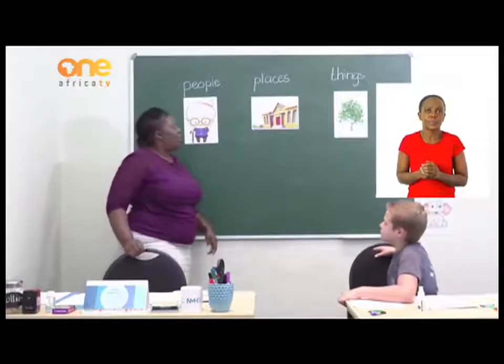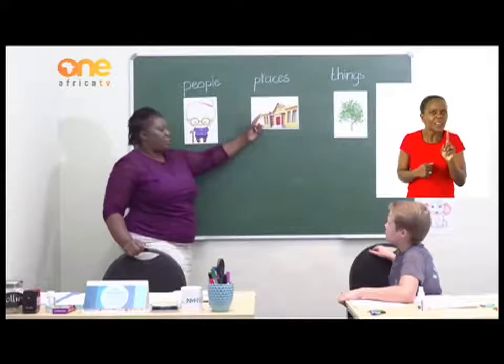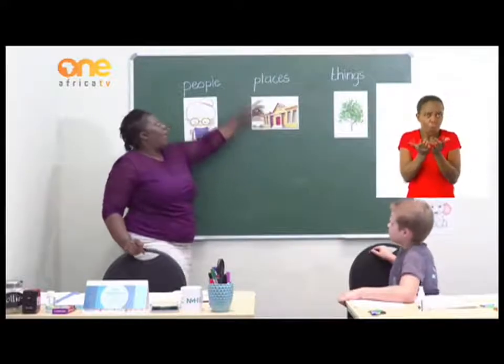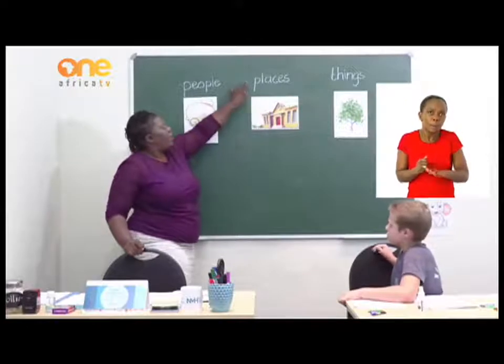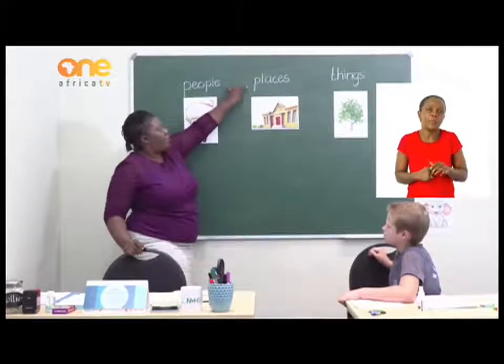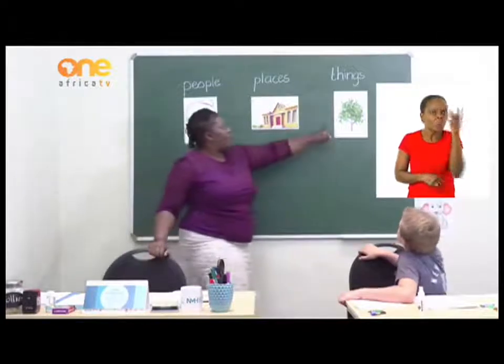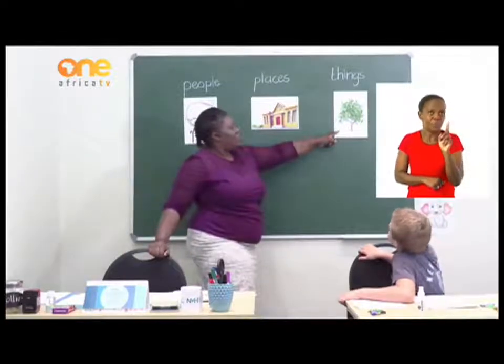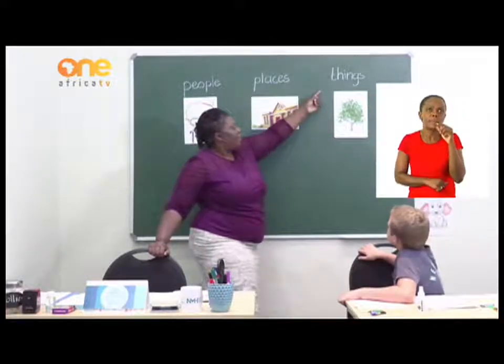The next picture is a school. Yes, it is a school. Well done. This is an example of a noun name for places. What is the next picture? Tree. It's a tree. It is a name of something.